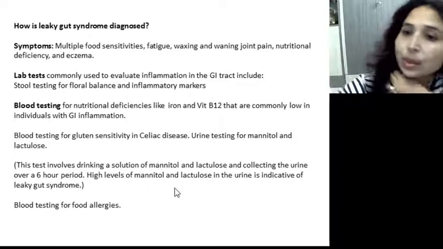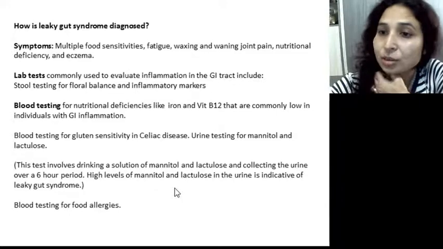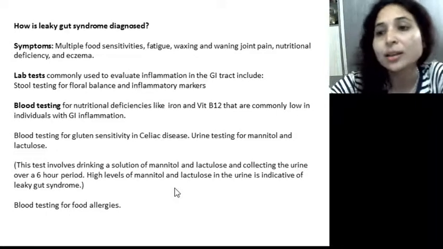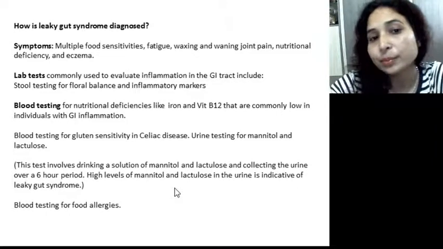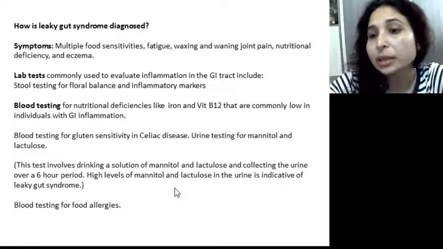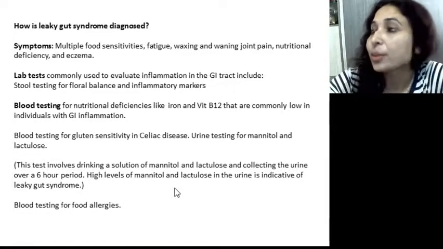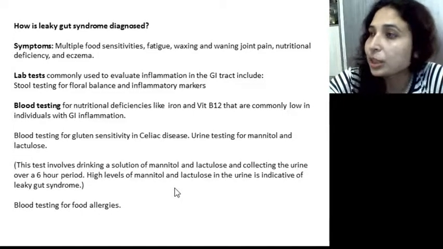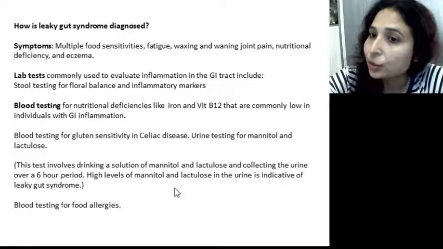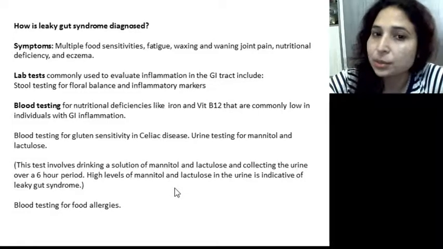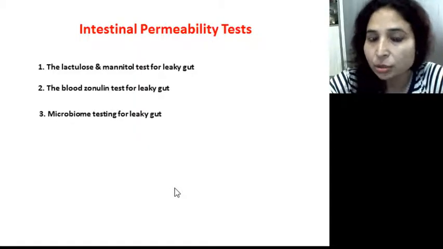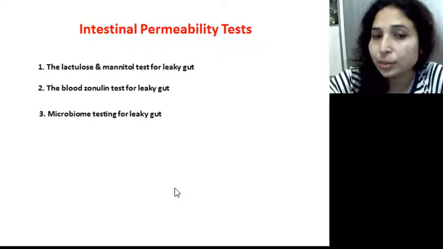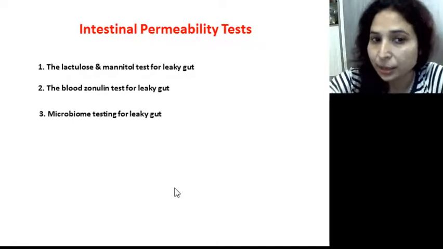So after 6 hours, if we see high levels of lactulose and mannitol in the urine, then we can think that this person may have the condition called leaky gut, and other confirmatory tests are again done to confirm it. So if we have to see the health of the intestine, these are some of the tests as I already mentioned.